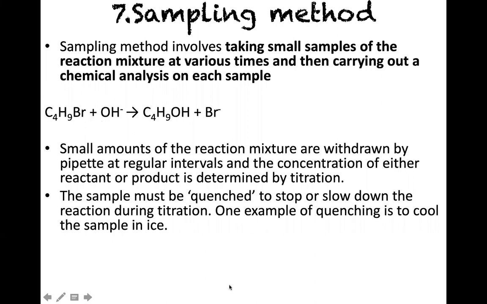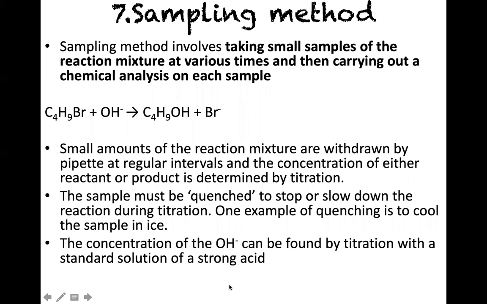So again, you quench it, and eventually, after you have a few samples, in order to find out the concentration in your sample at 2 minutes, 4 minutes, 6 minutes, 8 minutes, you will carry out a titration.